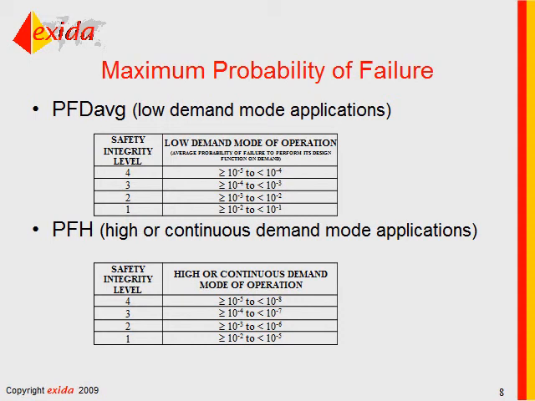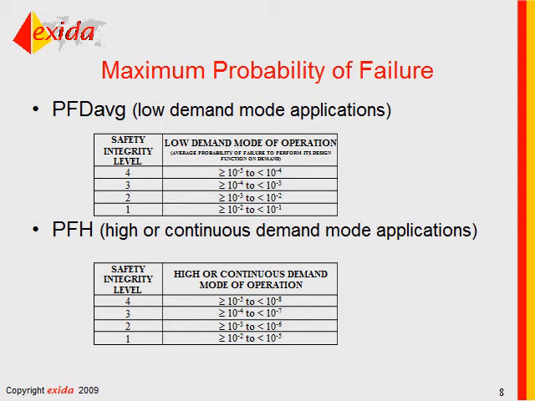The rule of thumb is that the demand interval needs to be at least 2 times larger than the proof test interval. So if you have the 2x difference between the proof test interval and demand interval, then you typically are in a low demand application. If that's not the case, if your demand interval is not 2 times greater than your proof test interval, you're either high demand or continuous demand.